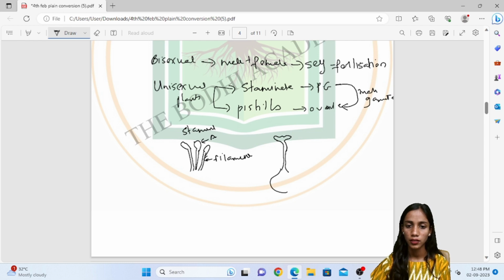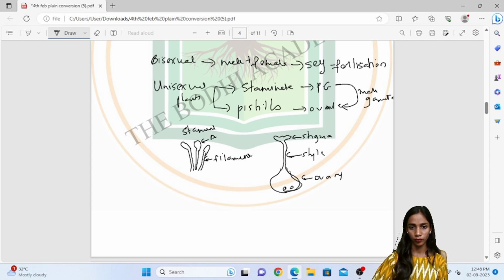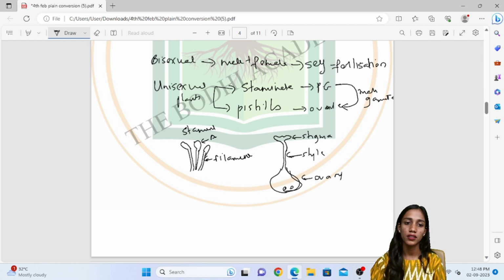This is the pistil. The pistil has the stigma, style, and ovary. There are the ovules here. This is just a simple diagram for understanding.